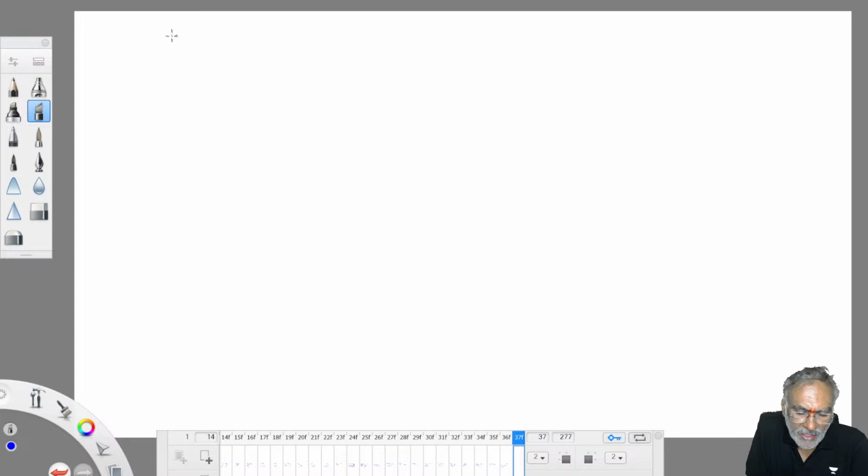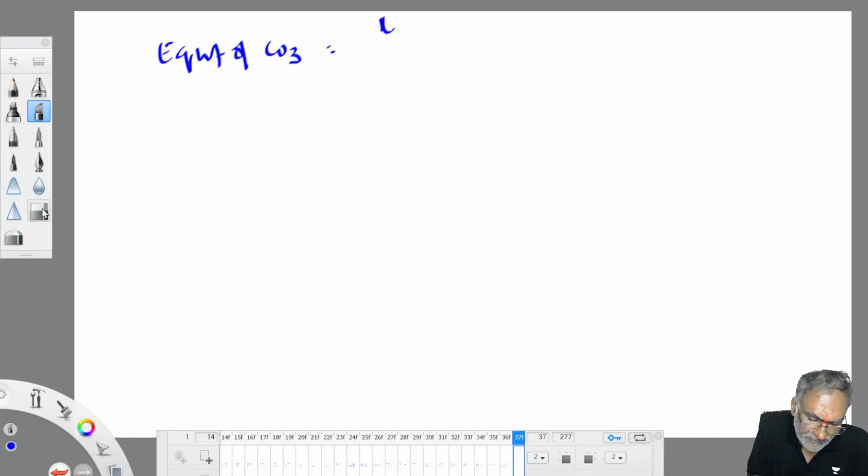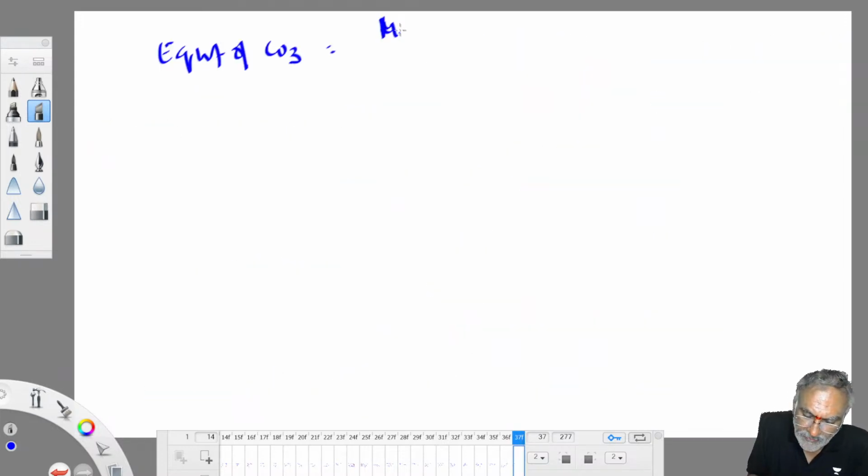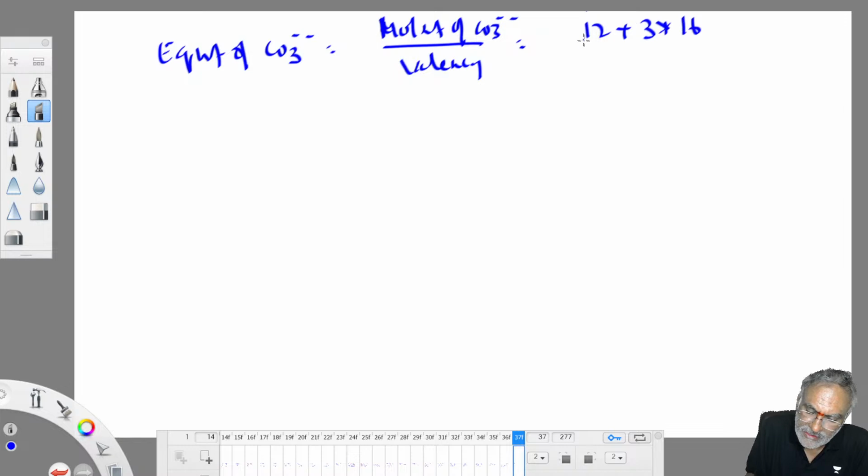Similarly, equivalent weight of carbonates is molecular weight of carbonates by valency. Double minus means valency is 2. C 12 plus 3 into 16, by 2, so it is 30.